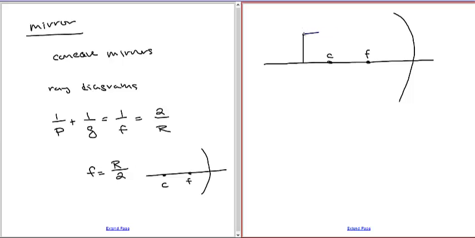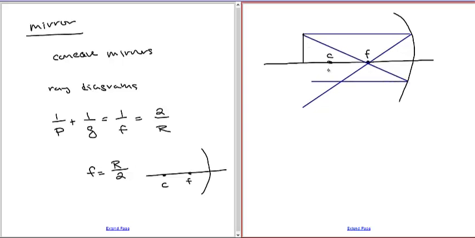So a ray parallel to the axis of the mirror reflects through the focal point. One going through the focal point reflects parallel. Those are the only 2 you need. And then that intersection point will give you the location.